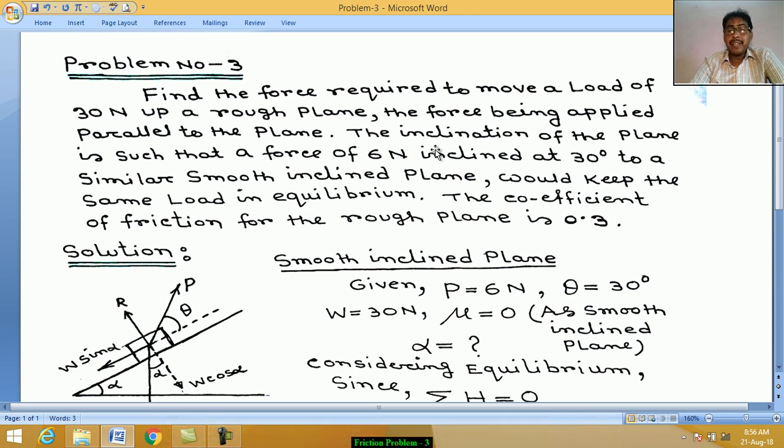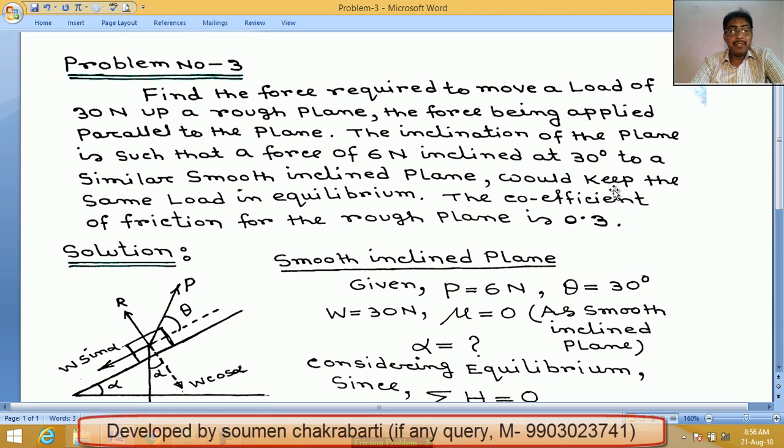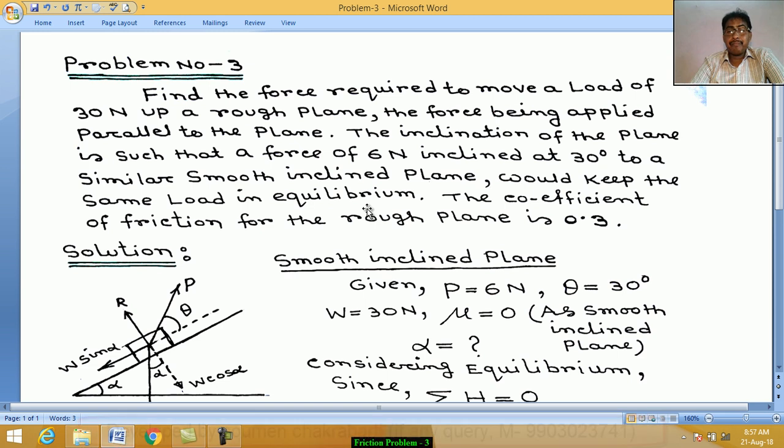The inclination of the plane is such that a force of 6 Newton inclined at 30 degree to a similar smooth inclined plane would keep the same load in equilibrium.